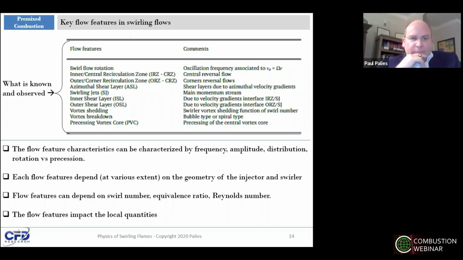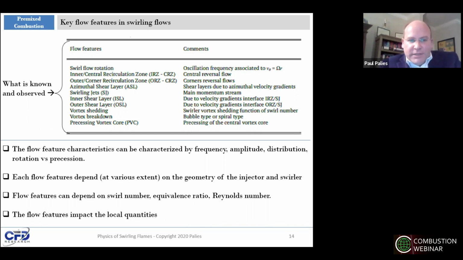So now I made a list, in table form, of the key flow features in swirling flow, and it includes the swirl flow rotation, the inner central recirculation zone, the outer corner recirculation zone, the azimuthal shear layer, the swirling jets, the inner shear layer, the outer shear layer, the vortex shedding, vortex breakdown, and precessing vortex core.